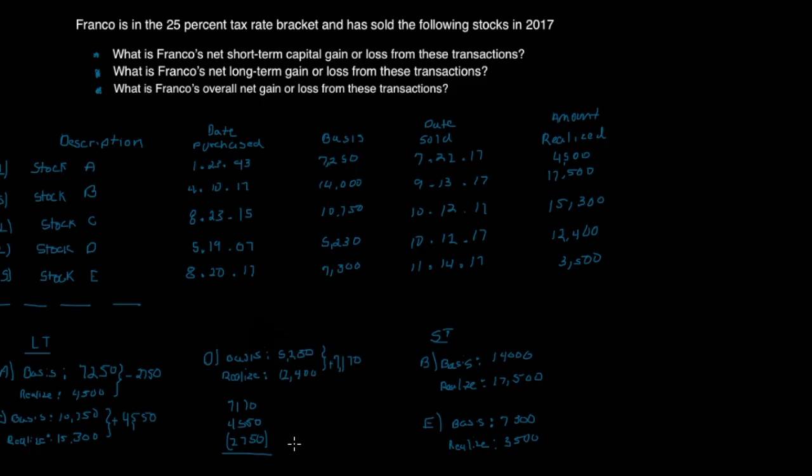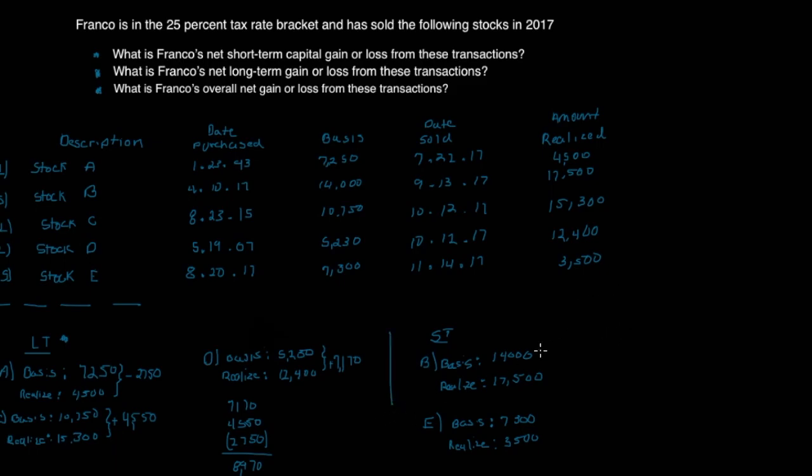So whenever you net those, you will get $8,970, and that is your capital gain from your long-term investments. And that is separate, right now, from your short-term.